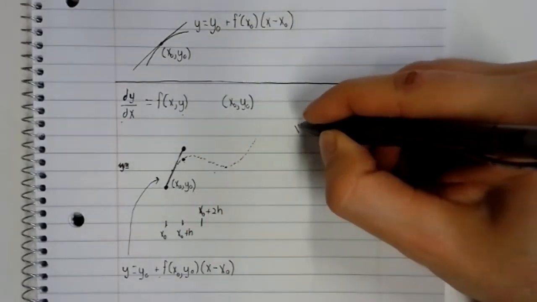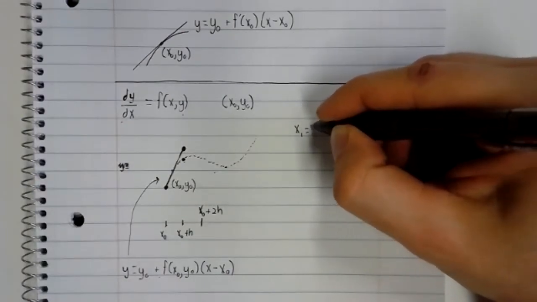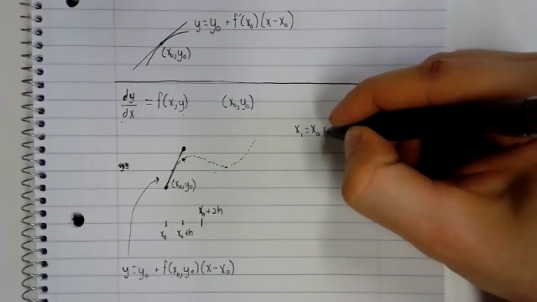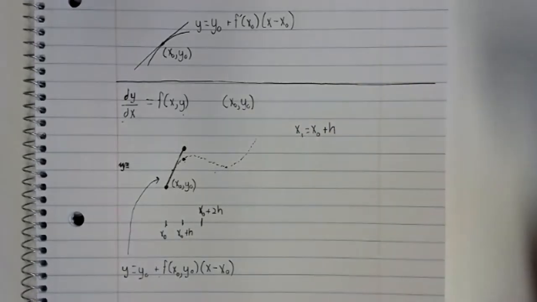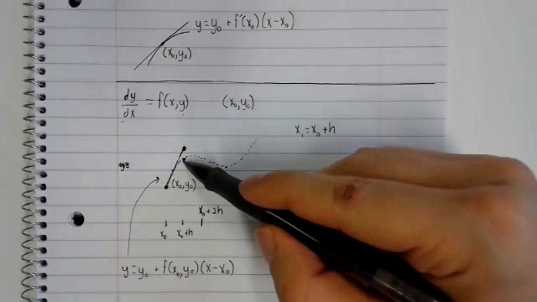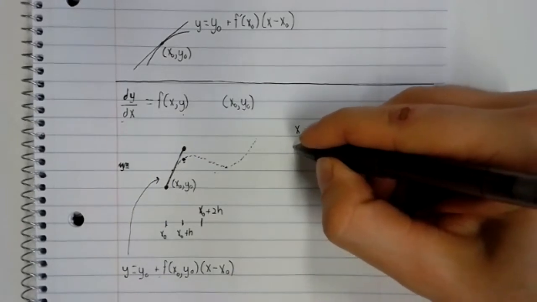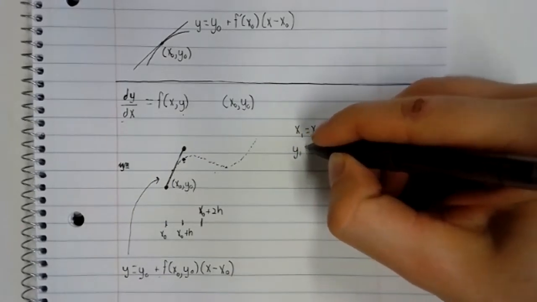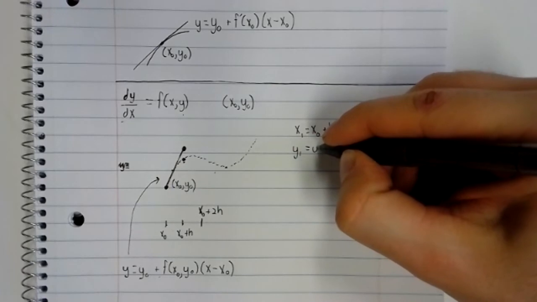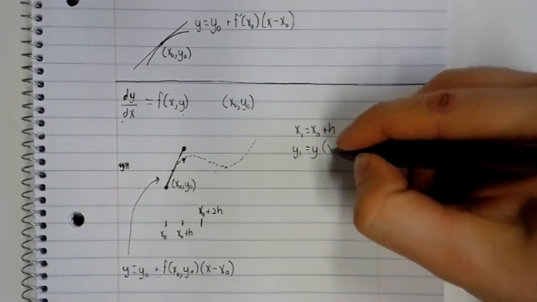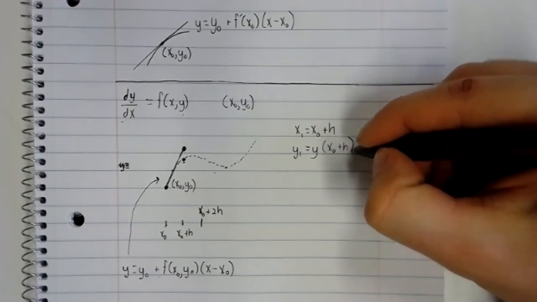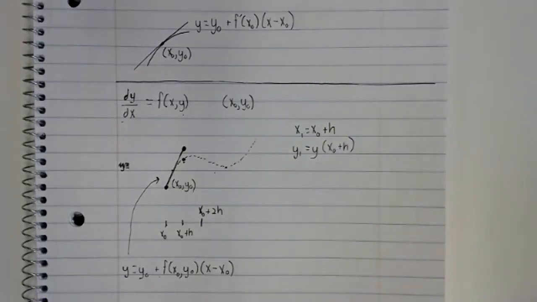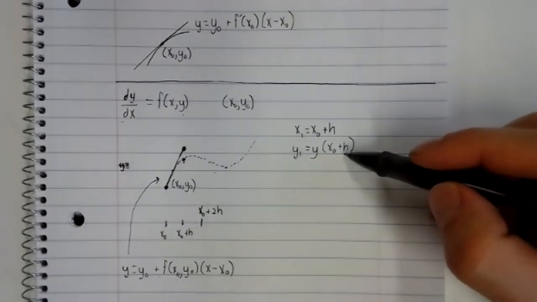So let's let x sub 1 be x sub 0 plus h. We'd like for y sub 1 to be this y coordinate. y sub 1 equals y of x sub 0 plus h. But we don't know what this is.